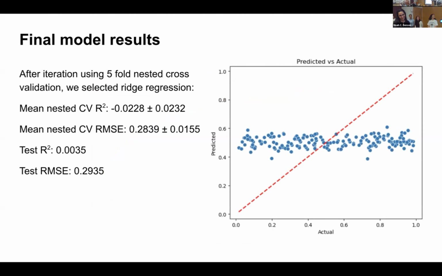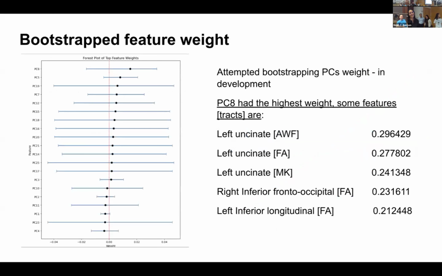So this one is ridge. All of our R-squared were pretty much the same, a bit negative. Randomly, the test R-squared was better. So yeah, this was cool. So just predicting the mean again, again using 5-fold cross-validation.